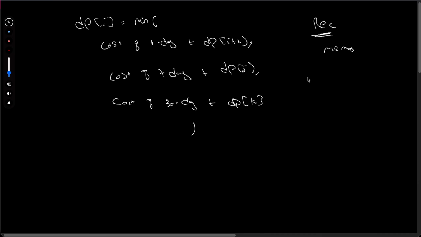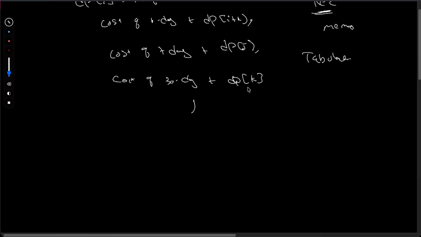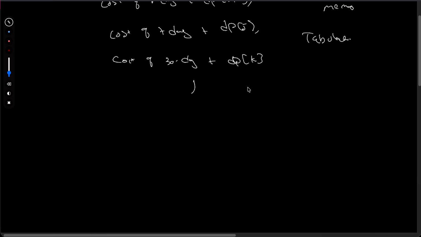So in tabulation, there is no recursion and no function call. We build the dp array from the base case. So in recursion we go top down thinking, while in tabulation we go from bottom up building.